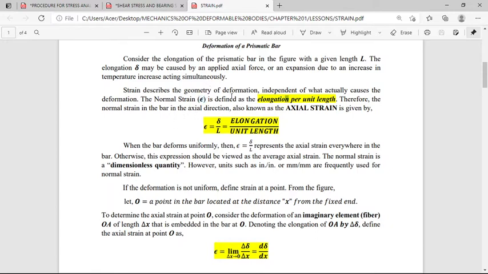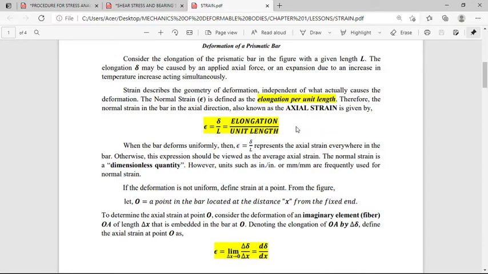The normal strain is defined as the elongation per unit length. Yun nga yung sabi ko kanina, elongation per unit length. Therefore, the normal strain in the bar in the axial direction, also known as the axial strain, is given by this formula: strain is equal to elongation gamma over the unit length L.